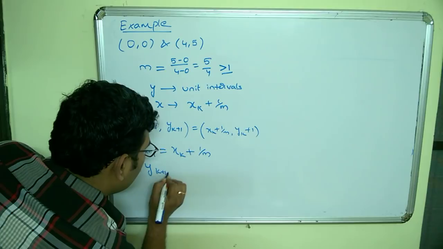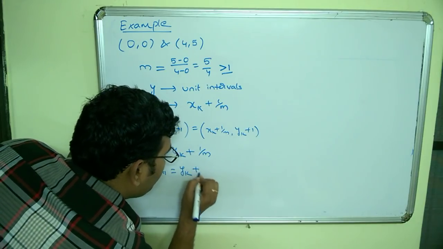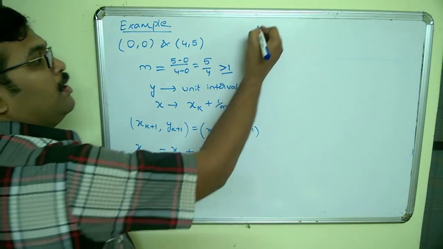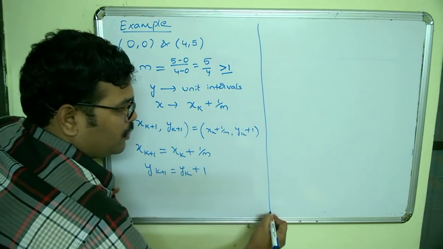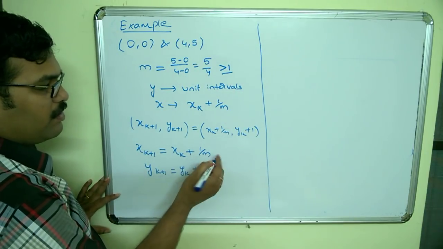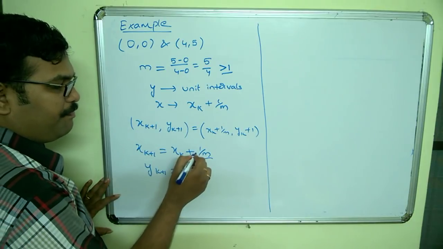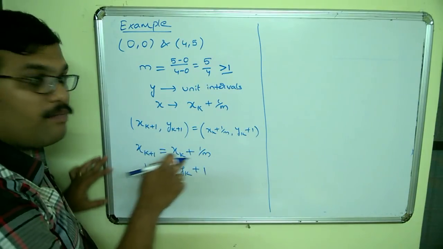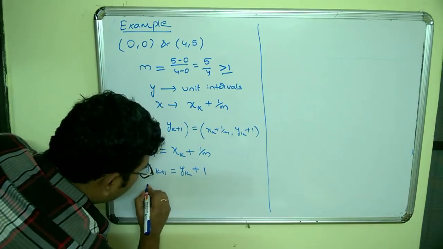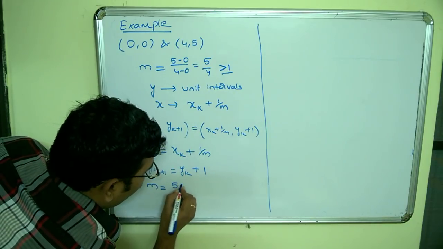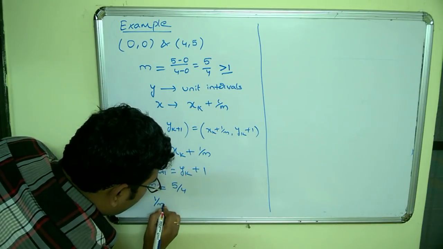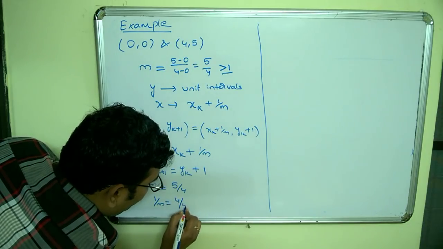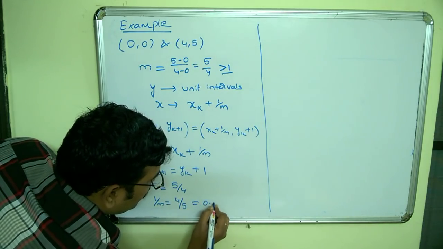Yk plus 1 is equal to yk plus 1. So for this we have to calculate 1 by m. So here m is equal to 5 by 4, so 1 by m is equal to 4 by 5. It is 0.8.